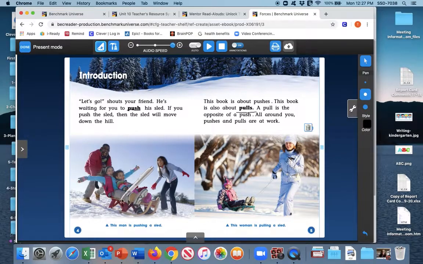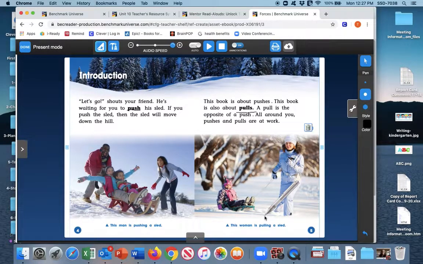You can see here in the picture on page 4, the family is pushing the sled. When we push something, we are moving it away from us. It is being pushed away from us. When we pull something, we're pulling it towards us.